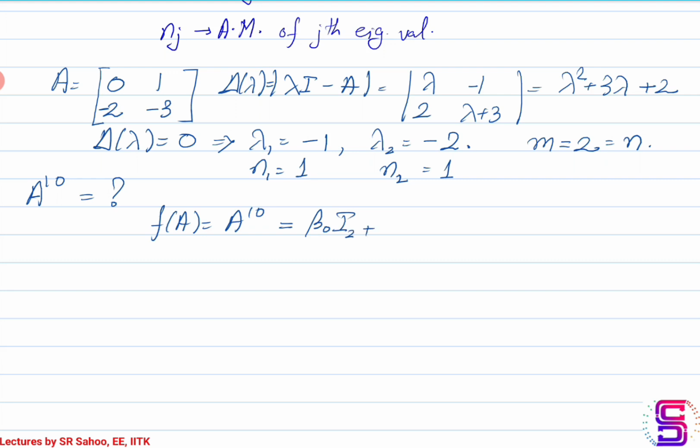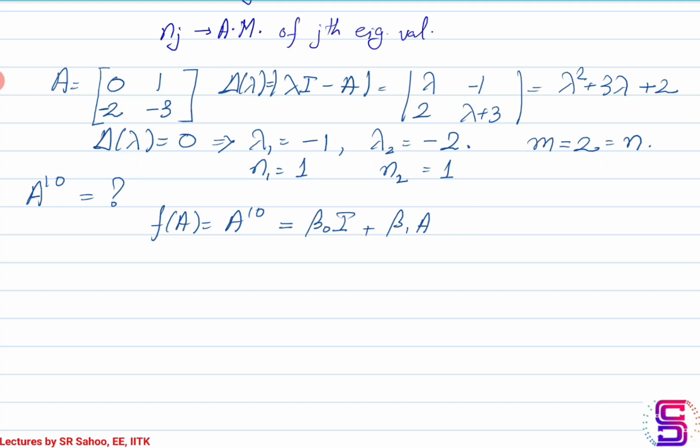basically second order. In most cases we'll just drop this, assuming that whatever identity matrix we use is consistent with the order of the matrix under consideration. So beta 0 I plus beta 1 A plus beta 2 A square, right? No, we will not have beta 2 A square because n is equal to 2, n minus 1 is 1.